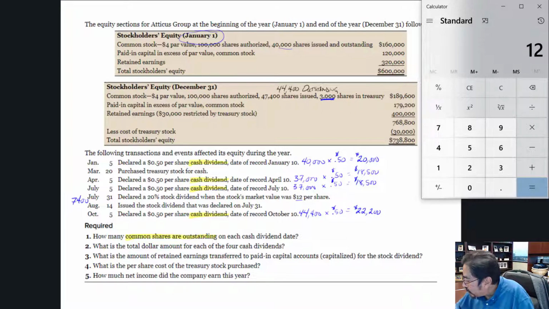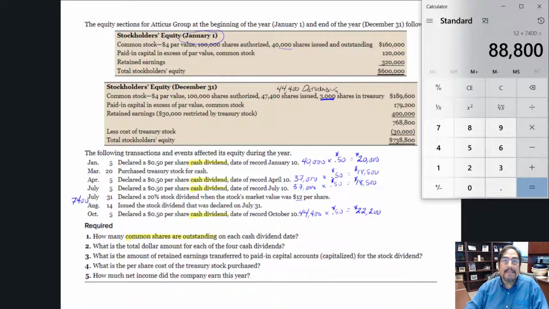So $12 per share times 7,400 shares is what we issued. 88,800. That's going to be split up between common shares and paid in capital in excess of par. But they're asking us for the sum of those two, so we don't have to split it up.